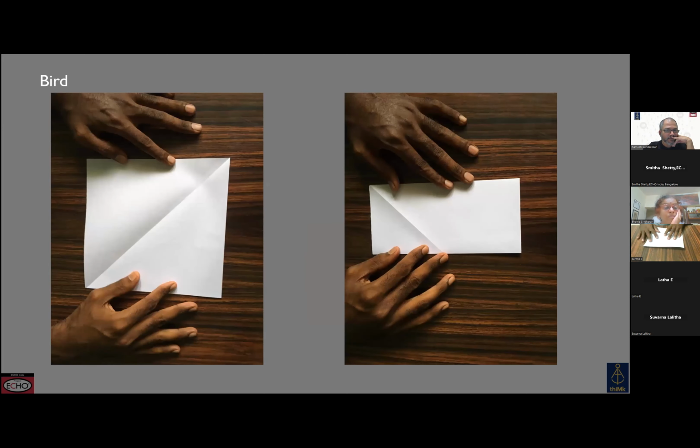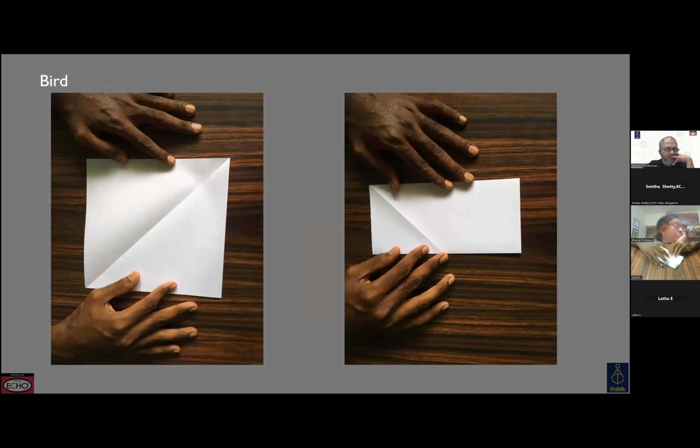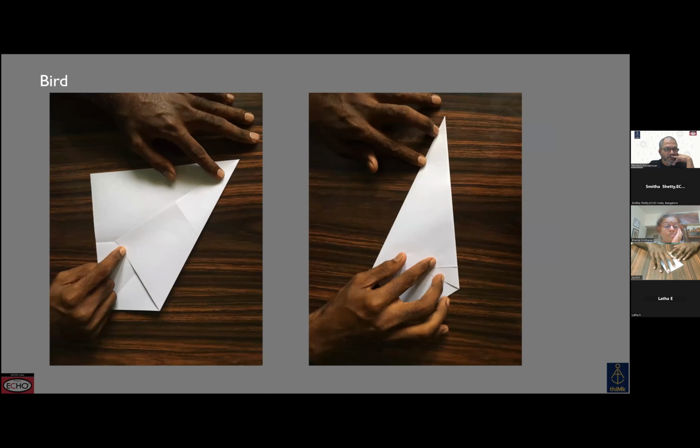Once we have that, you fold it in half. The square can go on any side because it's a square. Once we have that, from here you can start making this.